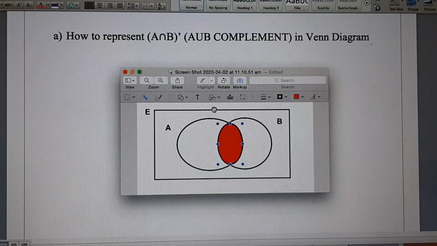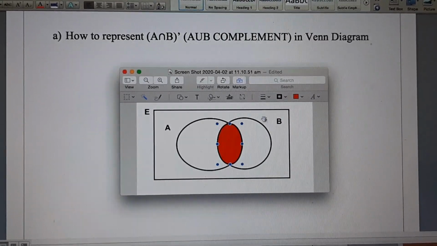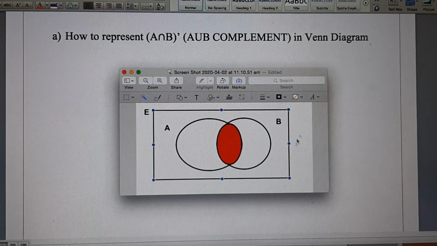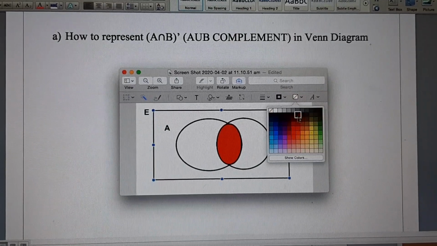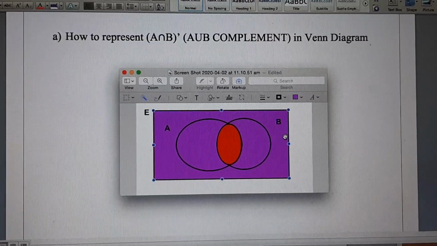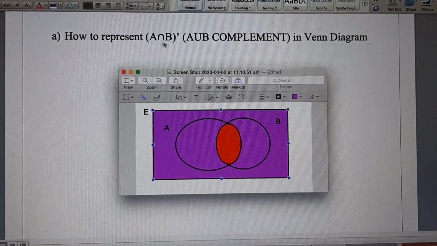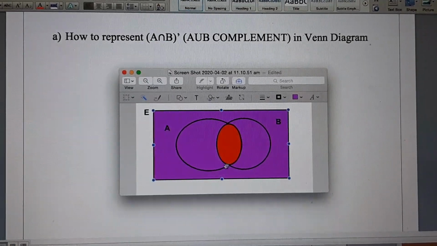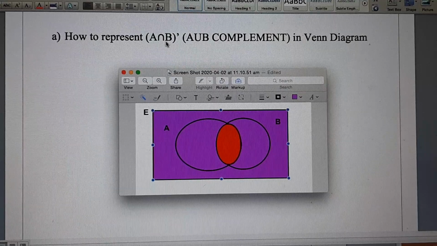This whole region outside this overlapping part is the answer for complement of A intersection B. So this purple region is the answer for A intersection B complement, and this red part is basically A intersection B.